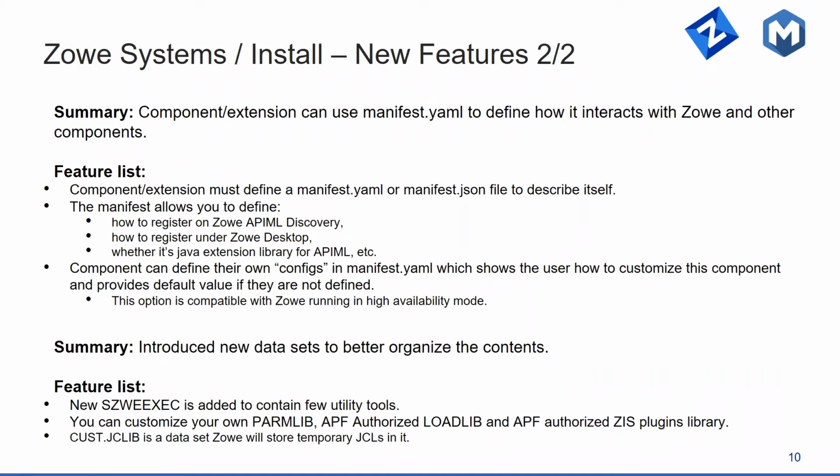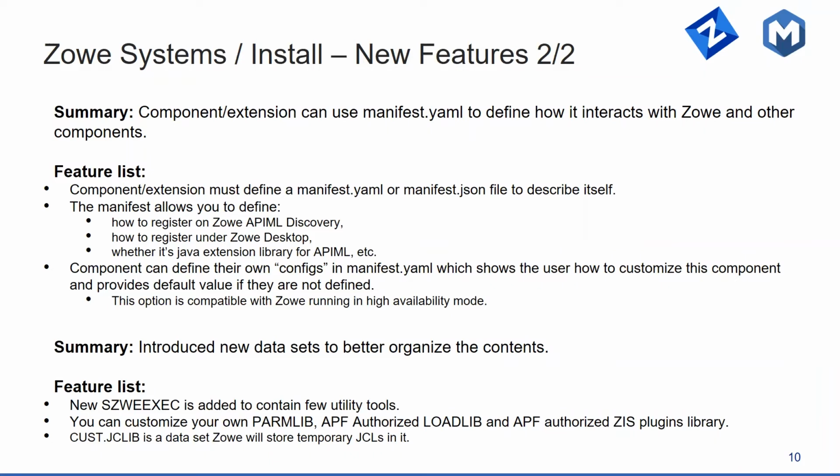The manifest helps you define how to register to API ML and how to register on the Zowe desktop as an app server, and whether it's a Java extension or a ZIS plugin, etc. So all the definitions can be found in this centralized manifest.yaml. And we will also be working on a JSON schema to help you validate this.